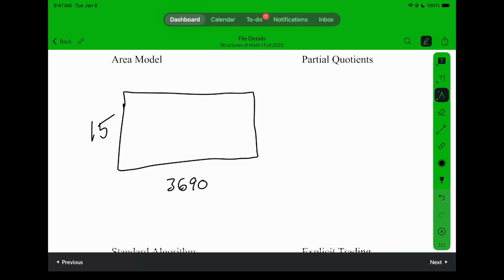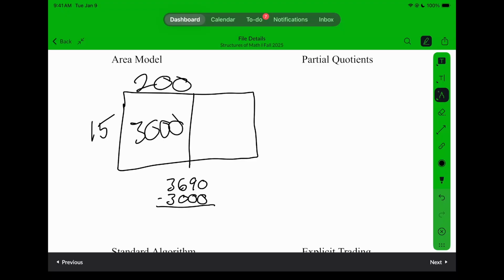For area model, it's kind of hard to explain. I don't really remember the exact words to explain it. In my notes, I just have 15 times 200 is 3,000. So that leaves us with 690.